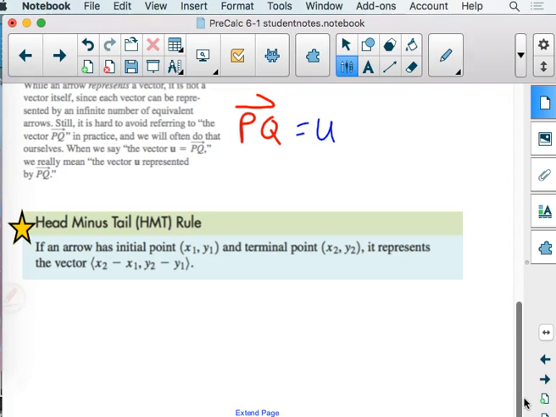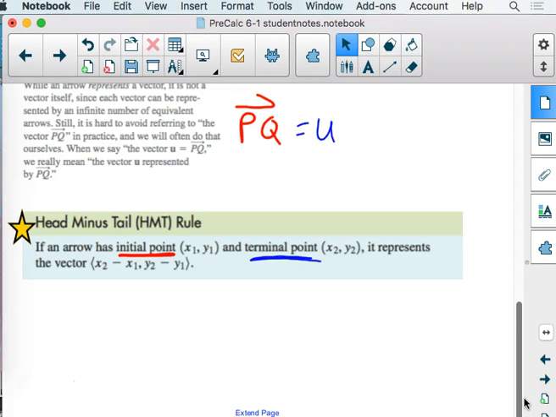Notice this is really important. I was thinking while I was doing the homework, they didn't spend a lot of time explaining this. You have to take terminal point minus initial point. And if it's in component form, remember that we're talking about something that starts at 0, 0, the zero vector.